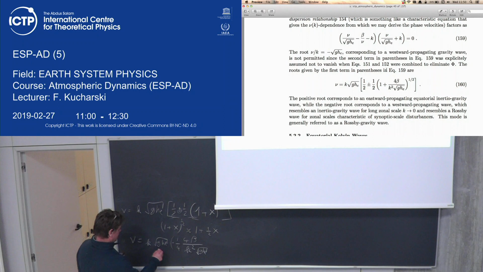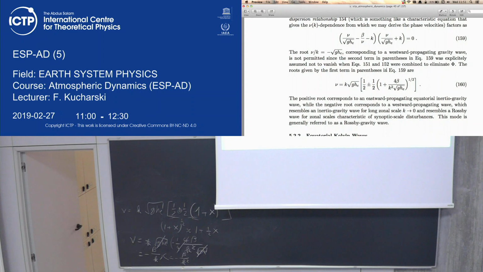So this becomes minus. The 1 goes out here, the 4 goes out. Beta over k, or c equals minus beta over k squared. That's a Rossby wave.